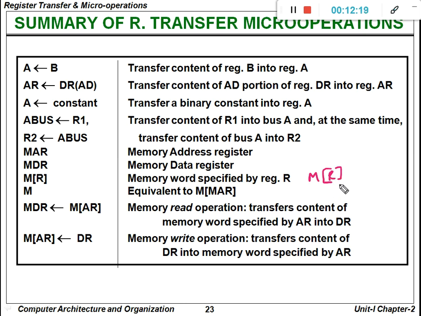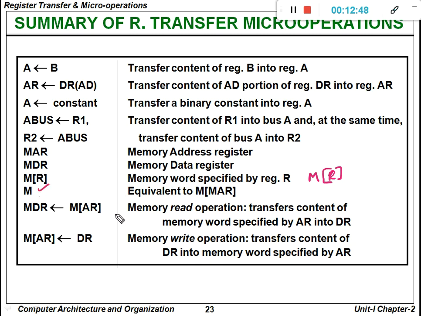Actually, we are going to give the address location to be fetched from the main memory. However, sometimes we may give the register value also, where the register contains the address to fetch a particular value.